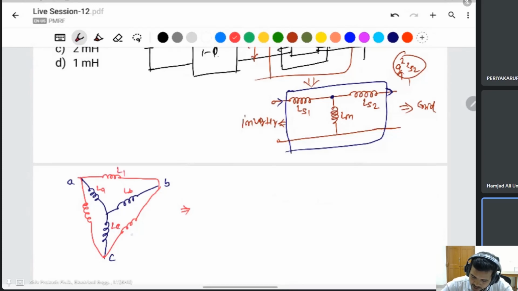This is L1, L2, L3. Then L1, from the conversion of star to delta, is the sum of these branches, LA plus LB plus the multiplication of these branches, LA into LB, divided by the third one, which is LC. This is the conversion of star to delta.